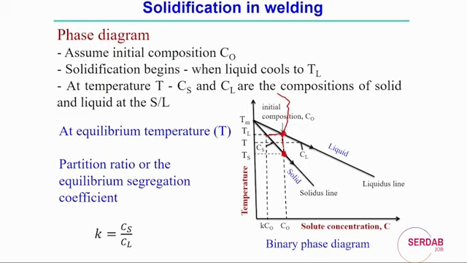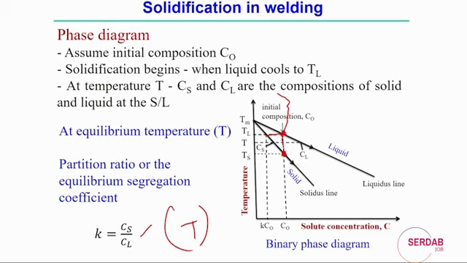At equilibrium temperature T, the partition ratio or equilibrium segregation coefficient, small k, can be represented by the ratio of Cs by Cl, the solid composition over the liquid composition at equilibrium temperature T. If the equilibrium solidification temperature changes, the value of k may change.